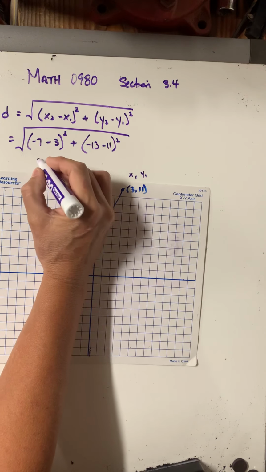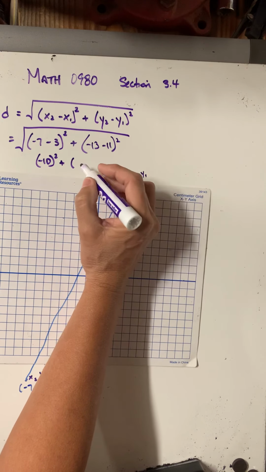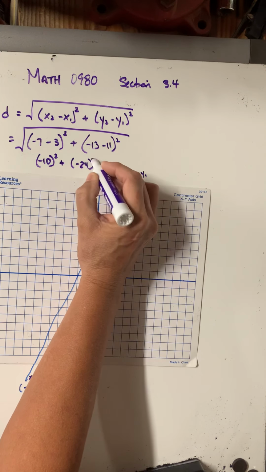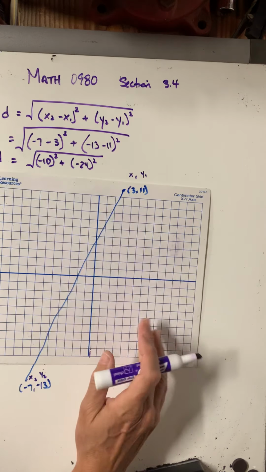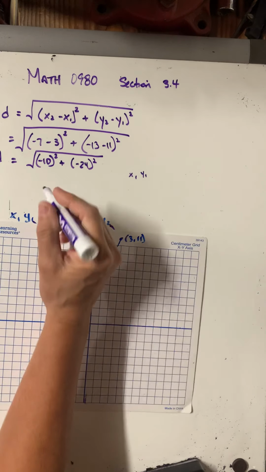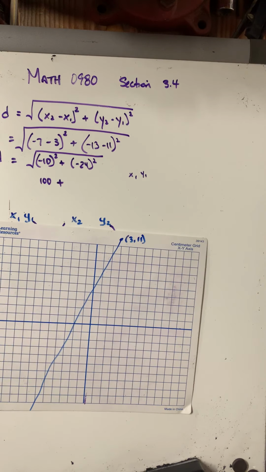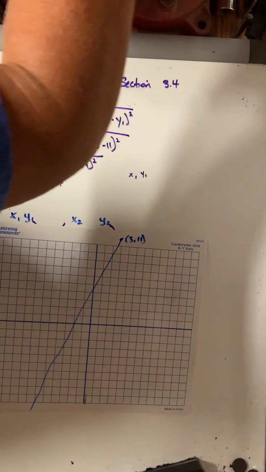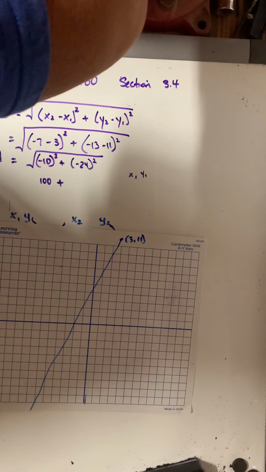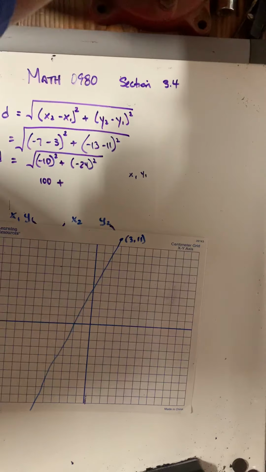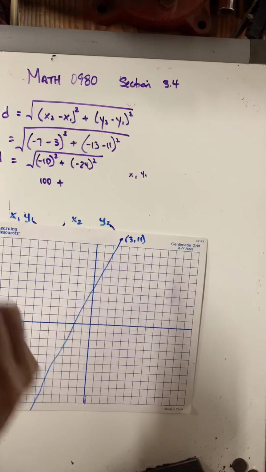Negative 7 minus 3 is negative 10 squared, plus negative 13 minus 11 is negative 24 squared, equals my distance. 10 squared is 100. 24 squared is, let's see, I'm not sure, I don't have a calculator on me. 24 squared is 576.